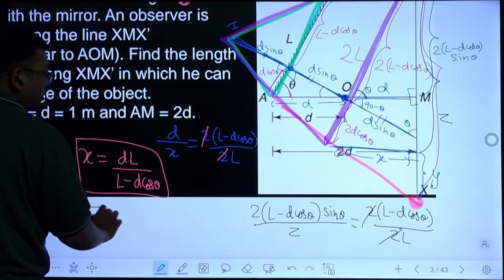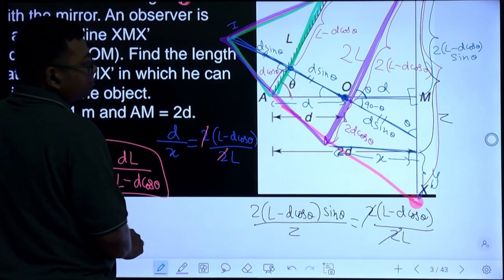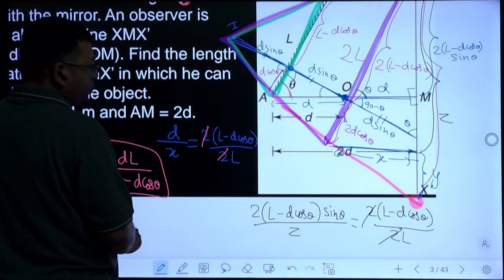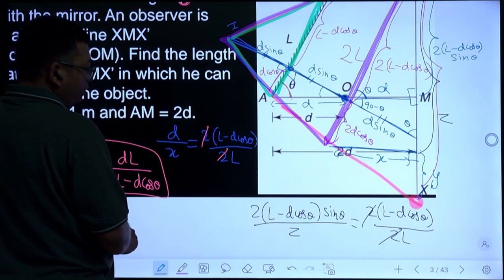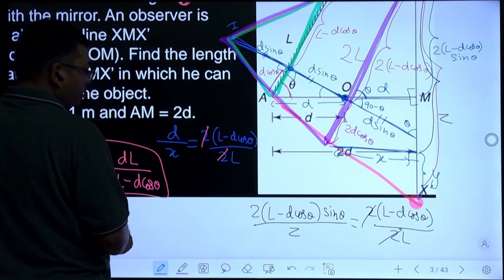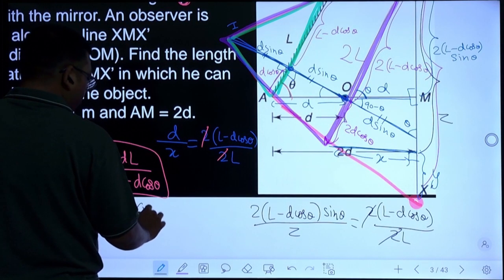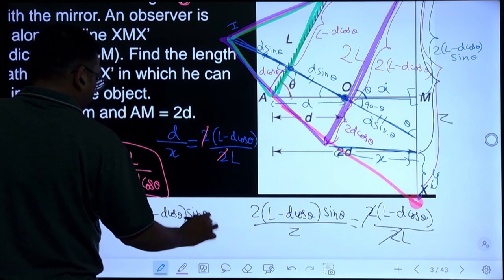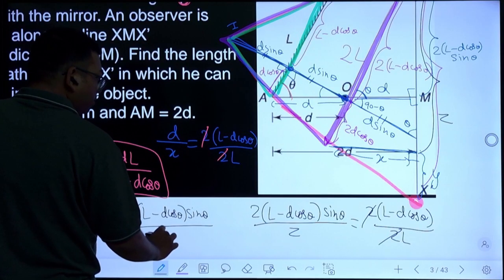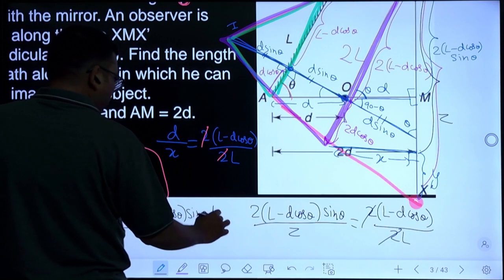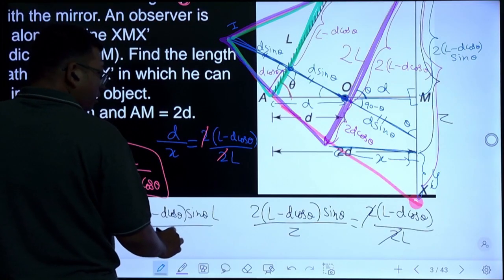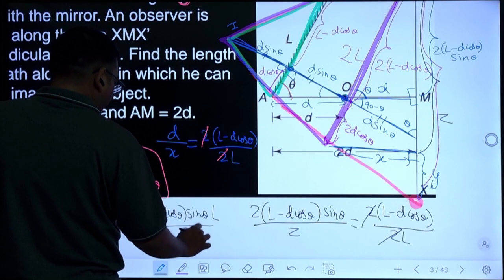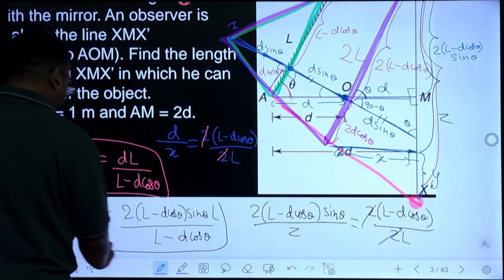Z also we got it. Z will be 2L minus d cos theta into sin theta divided by L minus d cos theta, multiplied by L also. So this is what z is.